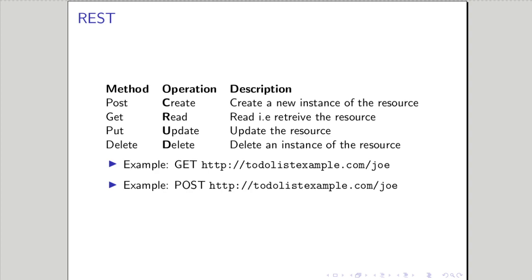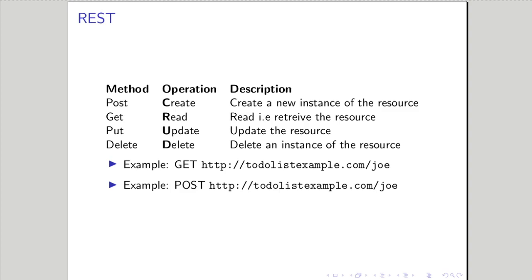Okay, so now we have a resource. What are we going to do with it? Well, there are those HTTP methods: get, put, post, and delete. There are some other methods, of course, but these are the ones REST maps into essential operations.